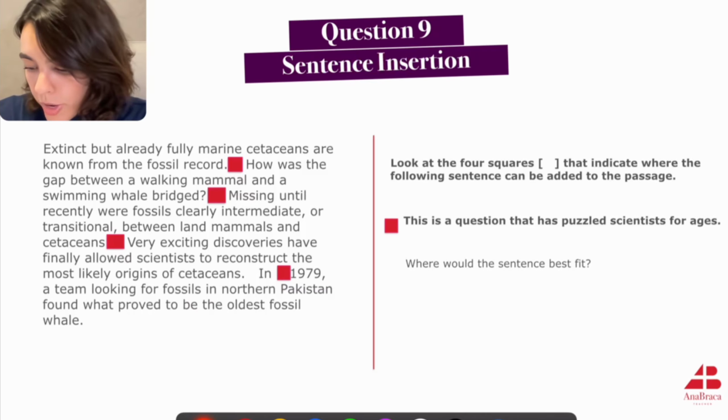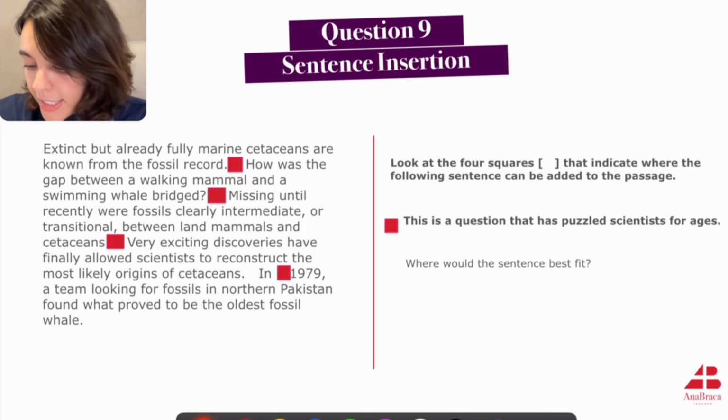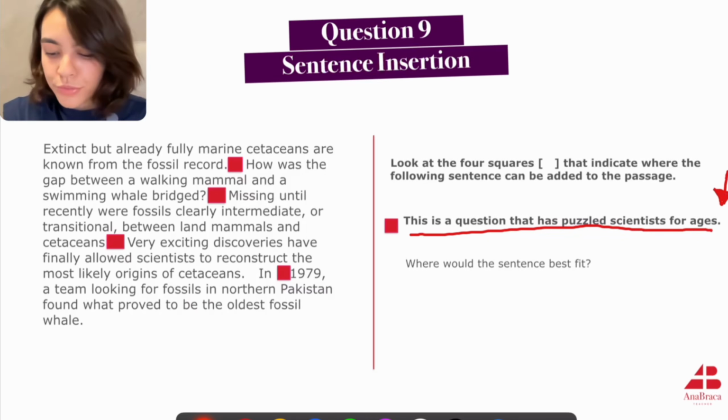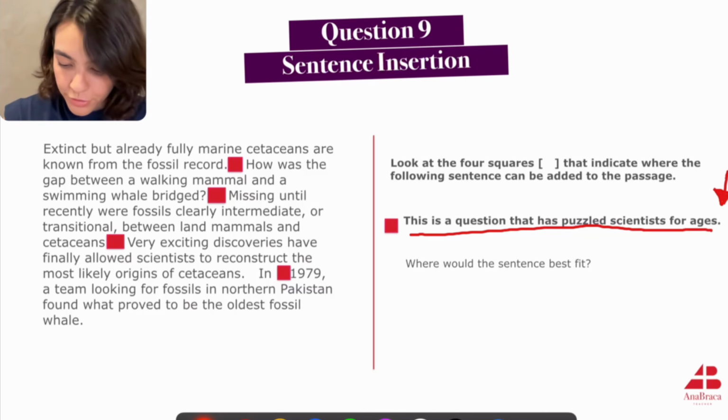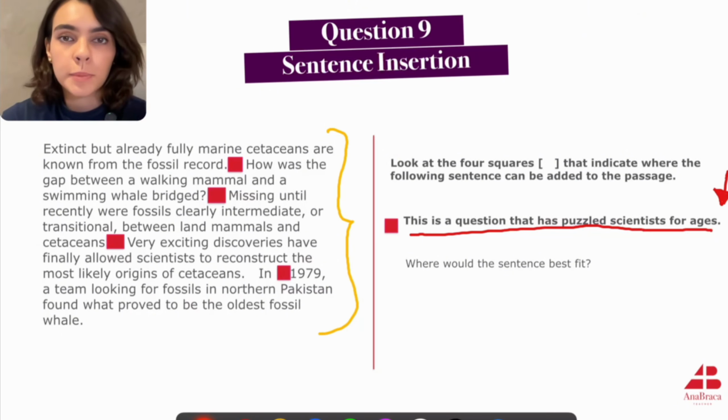Look at the 4 squares that indicate where the following sentence can be added to the passage. This sentence here has to make sense in the context of the whole paragraph. It only fits one specific place.